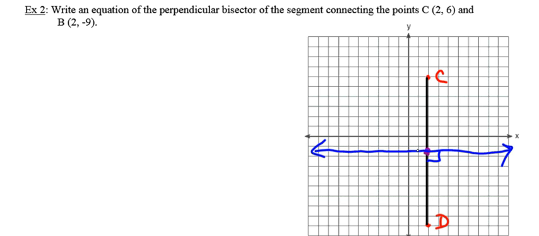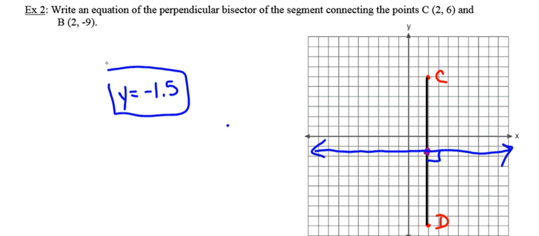And this blue line, which represents the perpendicular bisector, passes through the y-axis at -1.5. And since it crosses the y-axis, it's going to have a y equals for an equation. And its equation is going to be y equals -1.5. Or if you prefer, y equals -3/2.